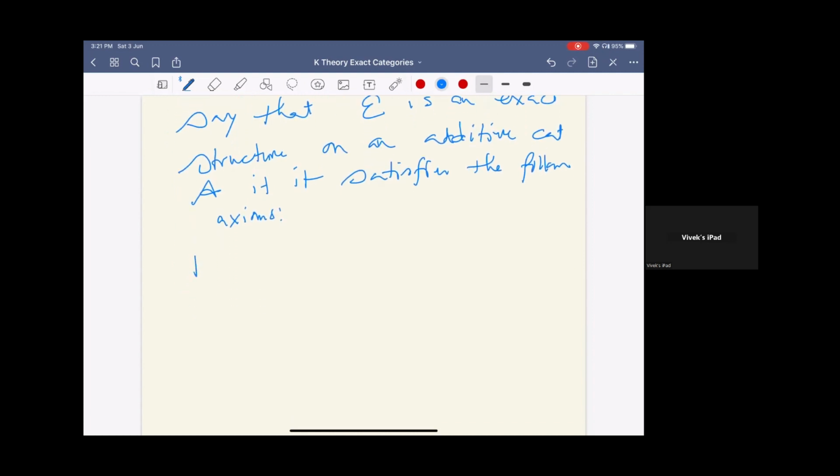So what is the first axiom? The identity is always an admissible monic.